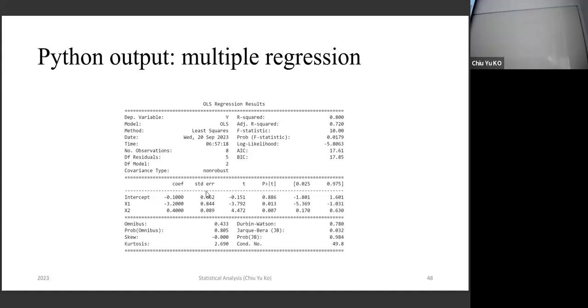One additional thing is you sometimes want to see if both of them are zero, right? Because look at this, it is looking at every coefficient separately, right? You want to test how useful the whole model is. And you look at the F, look at these two numbers, okay?